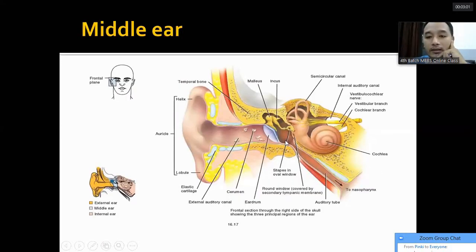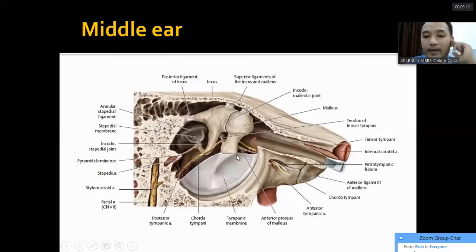Again, external ear, pinna, tympanic membrane, ossicles, middle ear, Eustachian tube. This is a realistic painting of the middle ear. Half of the tympanic membrane has been stripped off, and the ossicles are seen, and again the Eustachian tube.